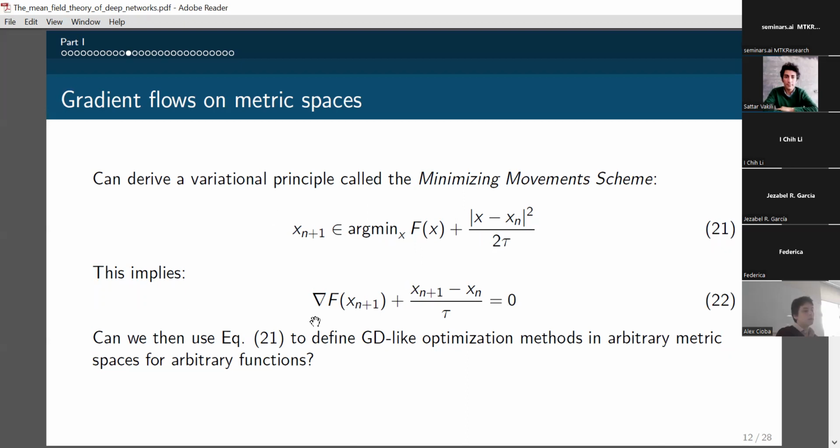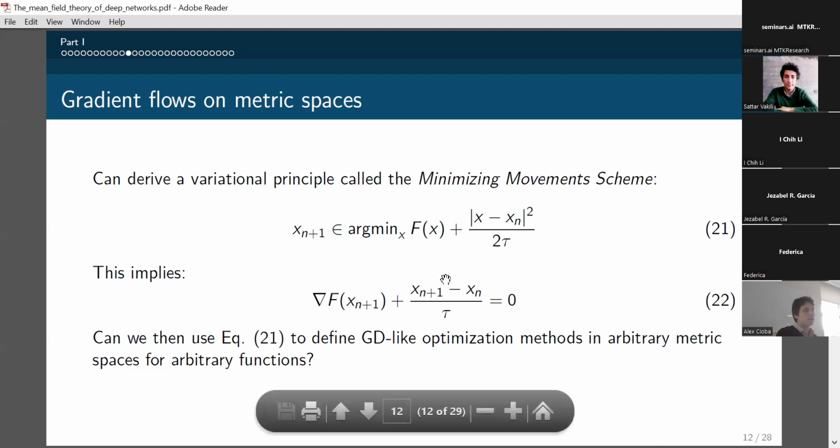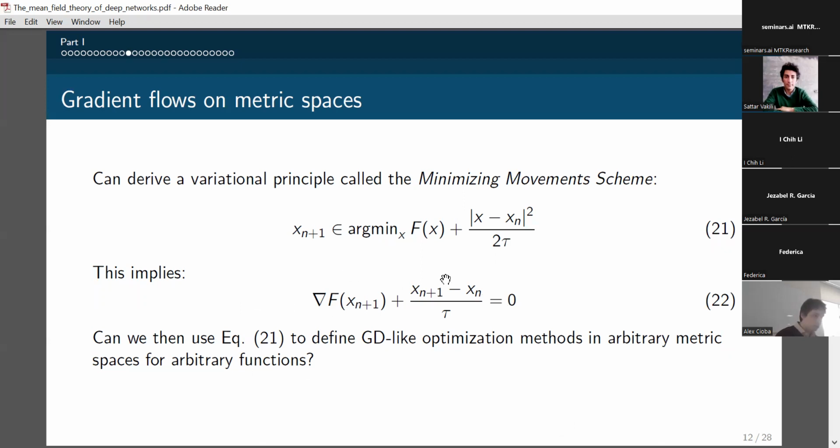So notice that if you differentiate the right-hand side here, this actually gives you immediately the implicit Euler scheme. So this is why this particular scheme itself is, at least for Euclidean gradients, going to give you the same approximation.